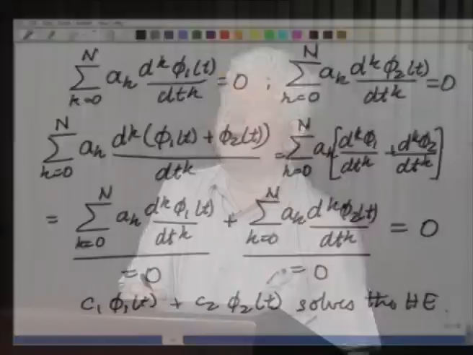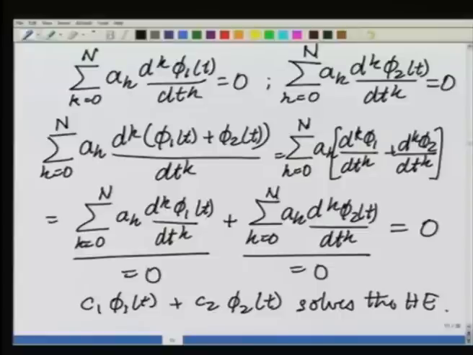That is very evident, because all that will happen can be demonstrated in the expressions we have already written over here. All that will happen is we will have dk by dt k of C 1 phi 1 plus C 2 phi 2, which will split into two derivatives, a k times dk C 1 phi 1 by dt k plus dk C 2 phi 2 by dt k.